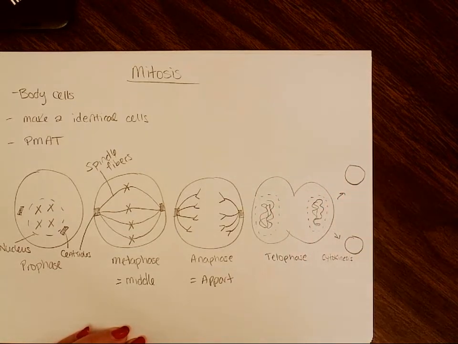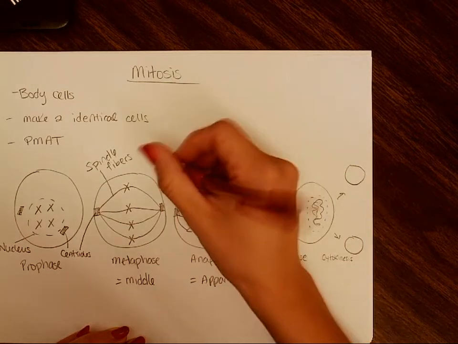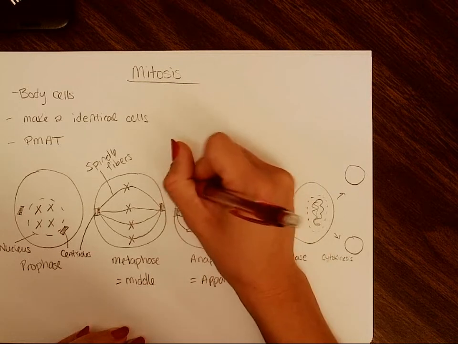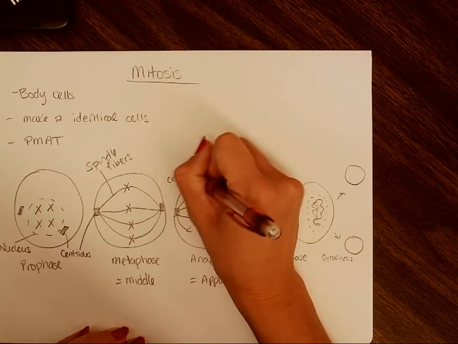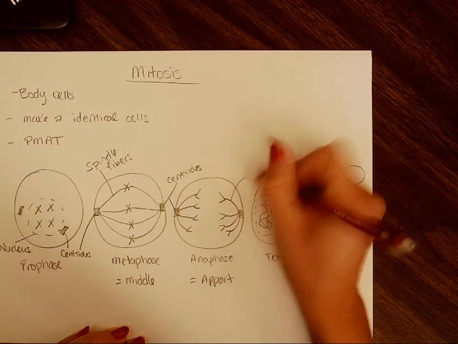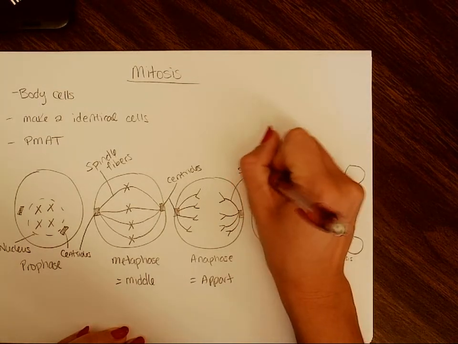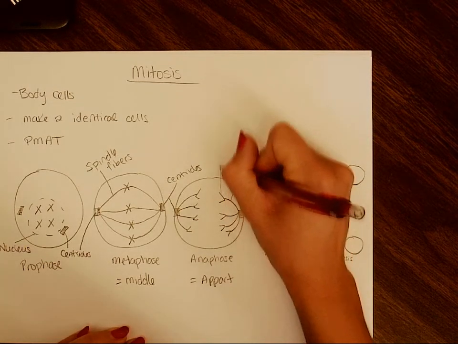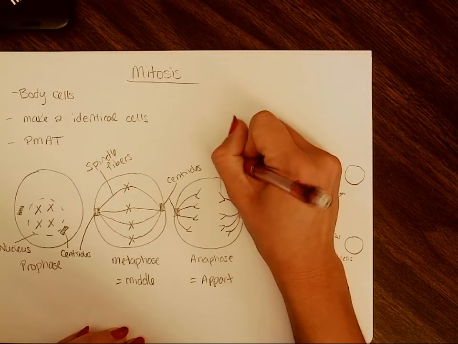Let's go ahead and add some labels here. Sorry for not labeling this. We still have our centrioles here. I'll put a label here and here. We see the spindle fibers, and then this is going to be a chromatid.